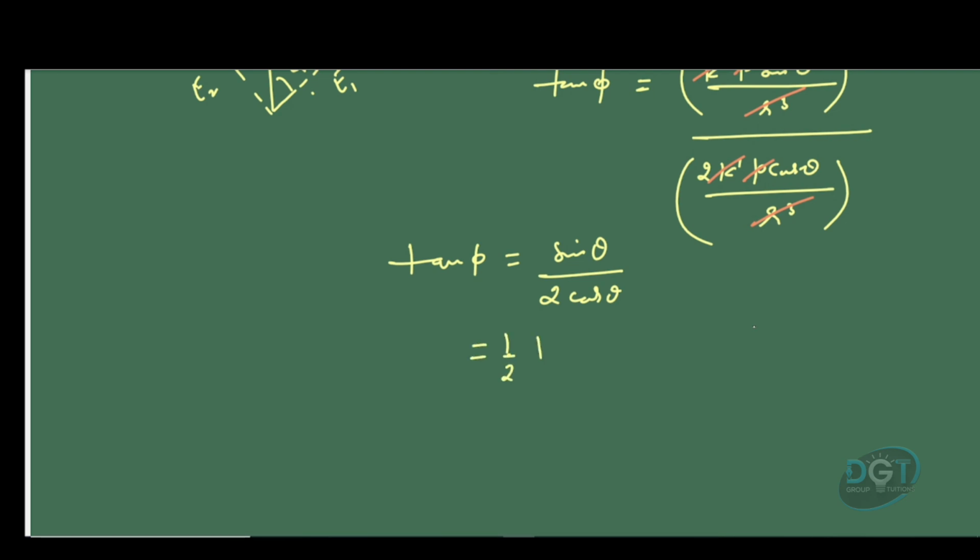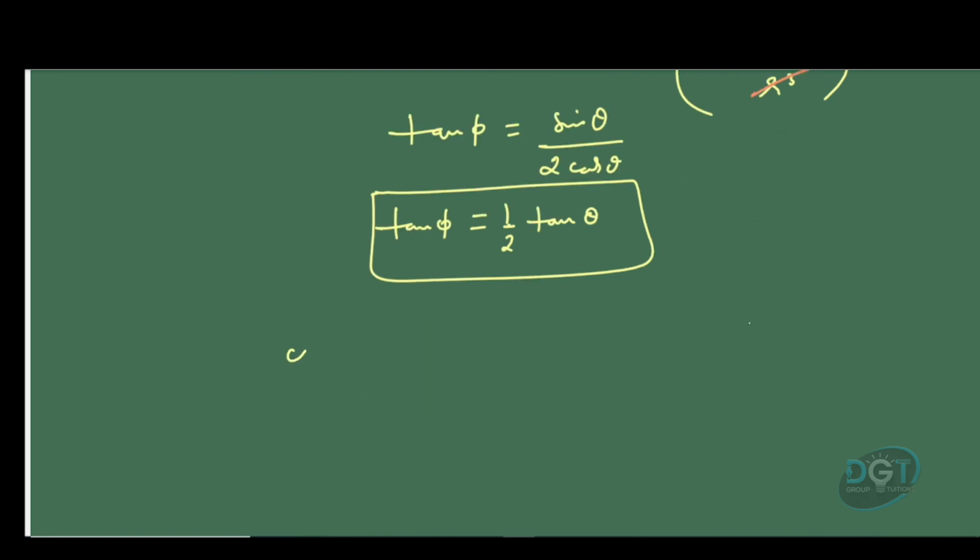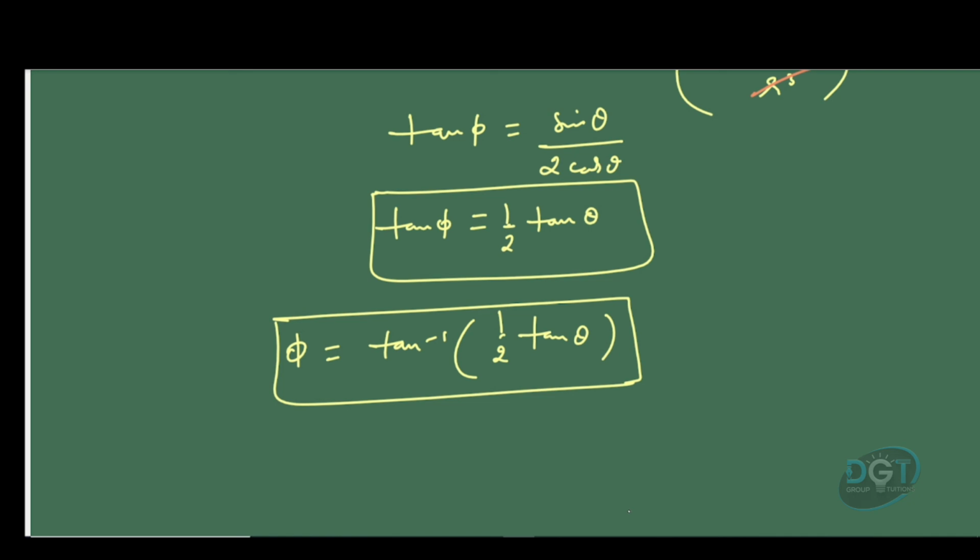Sin theta by cos theta is nothing but tan theta. So this is tan phi, one of the expressions. We can also write phi as tan inverse of this whole thing, which is half tan of theta. Along with the resultant electric field, this is the expression for the angle of that resultant with one of the electric fields.